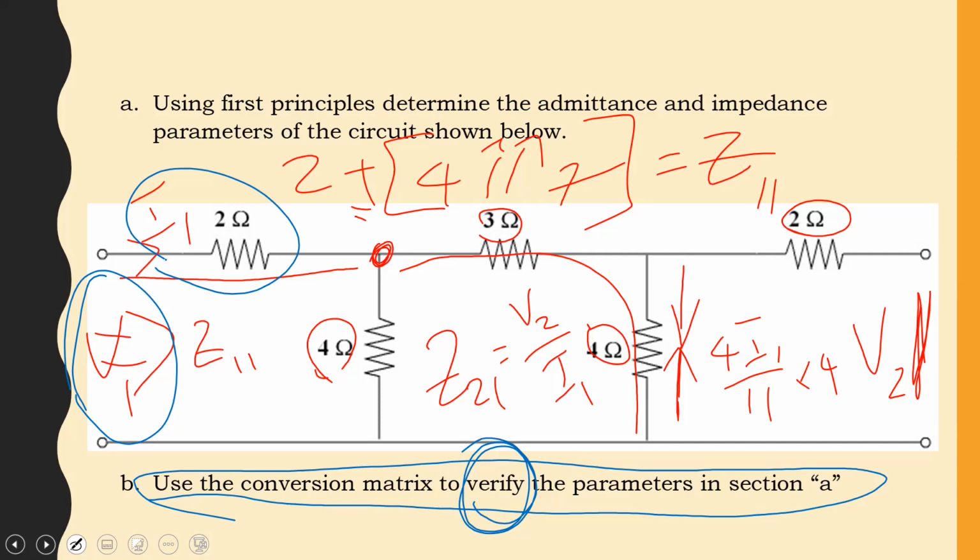Yeah, but Mr. Atkins, think about it. If you have a current passing through a resistor, what's going to happen? I have a voltage drop. Yes. So if you start at V1, the voltage here is much smaller. That would be true, yeah.